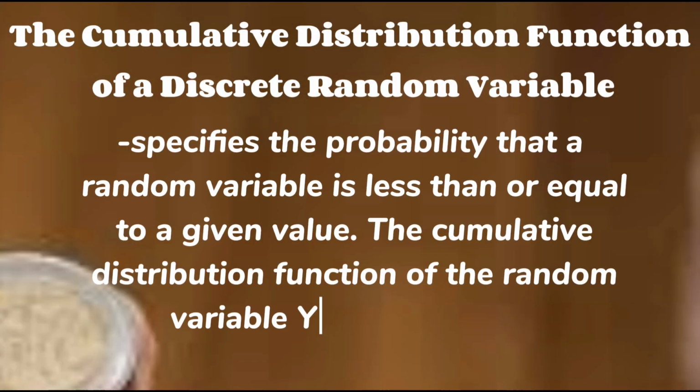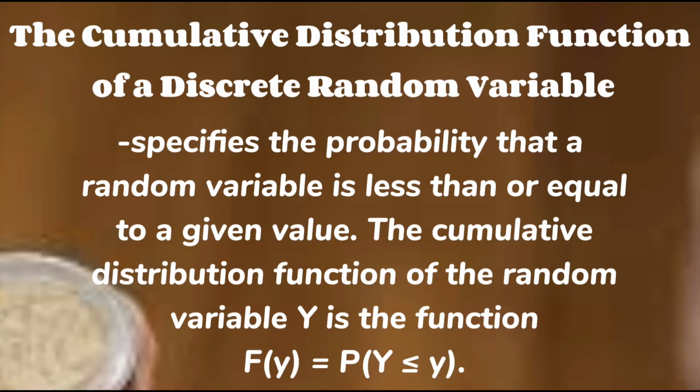It specifies the probability that a random variable is less than or equal to a given value. The cumulative distribution function of the random variable Y is a function F(y) equal to P(Y less than or equal to y).